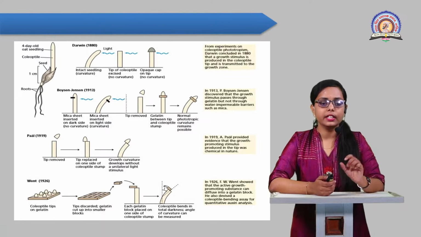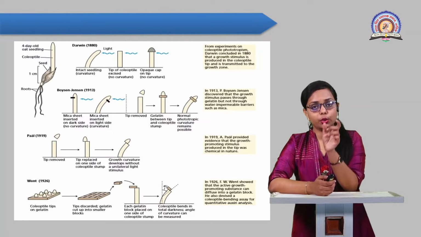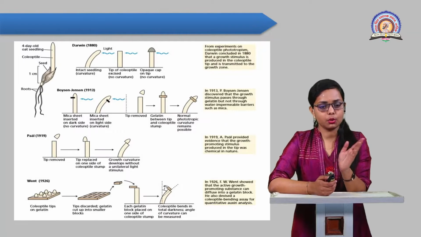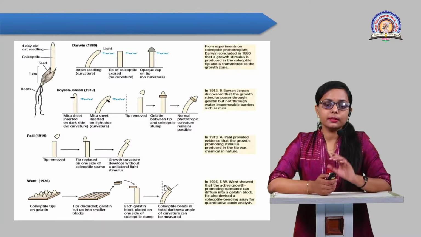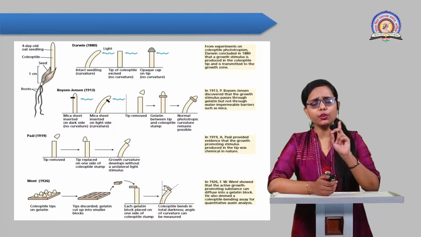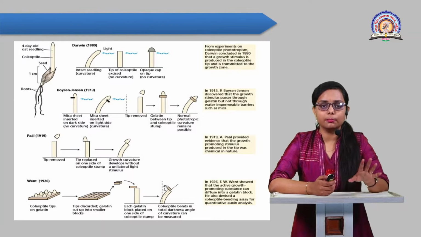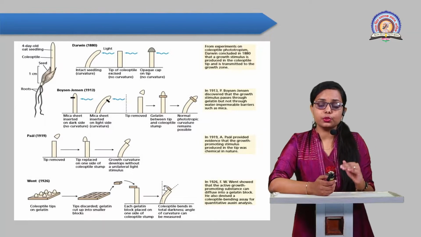In the experiment performed by Went, he kept that gel block on the excised coleoptile, and the coleoptile bends. This proves that there was some chemical compound in that coleoptile, which traveled to the gelatin block.